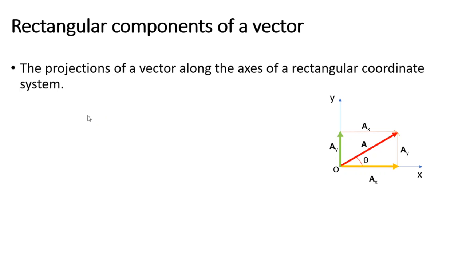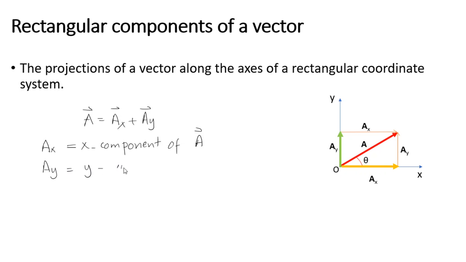So in vector form, we can write A equals ax vector plus ay vector, where ax is the x component of vector A and ay is the y component of vector A.